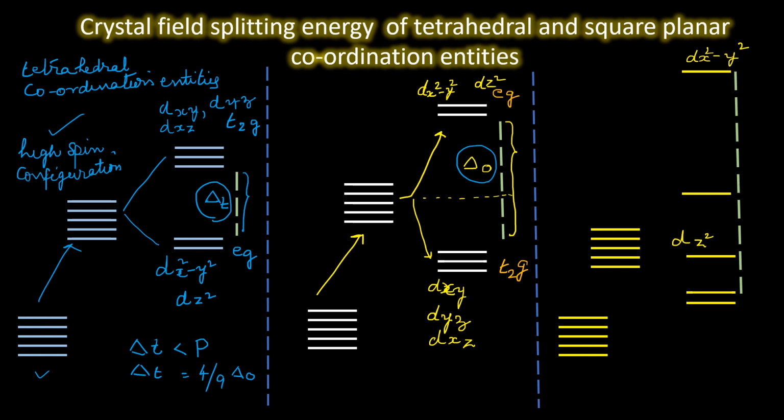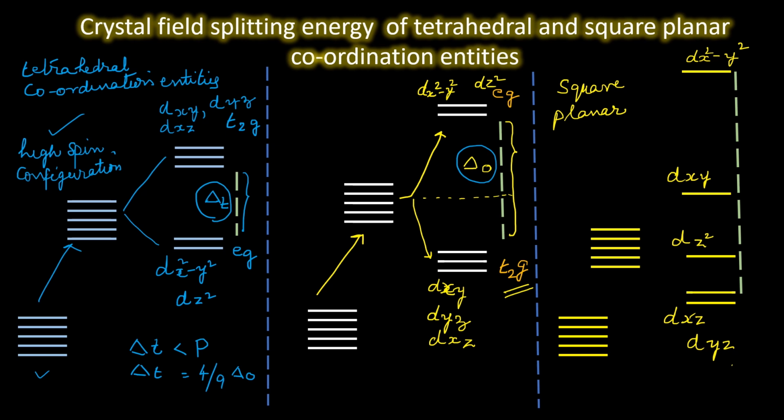Among the three degenerate orbitals of the t2g in octahedral, dxz and dyz remain degenerate in square planar coordination entities. They have the least energy. What remains is the dxy orbital, and it is at a higher level than dz square orbital, and it has energy almost the same as the average energy of the octahedral complexes.